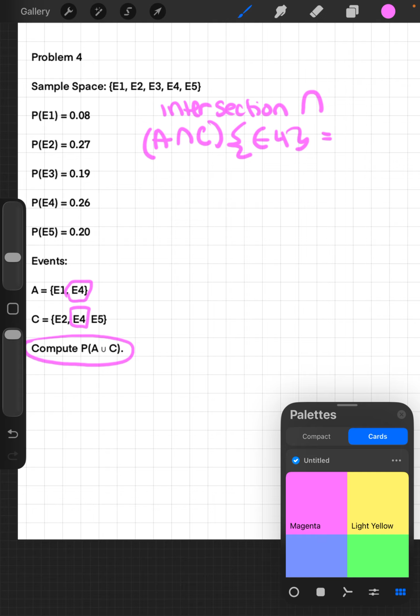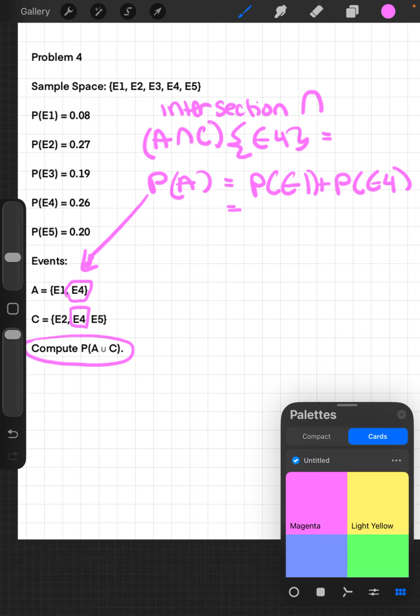Now I'm going to find P of A. The probability of A is equal to the probability of E1 plus the probability of E4, if I look at it correctly. It might be confusing, but if you see here, it's only these two, so we're going to add them up.